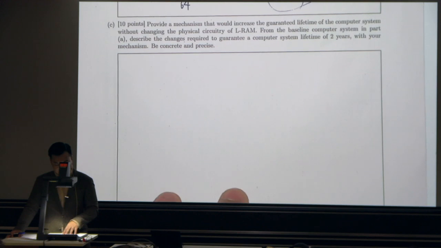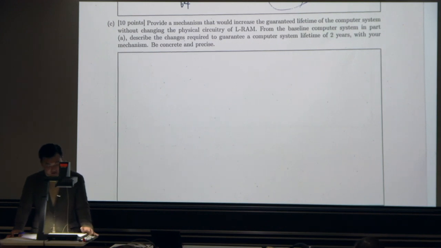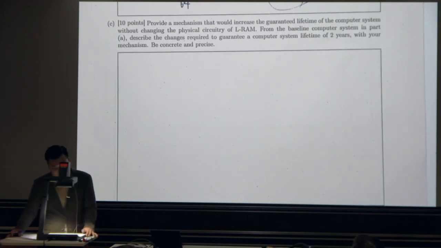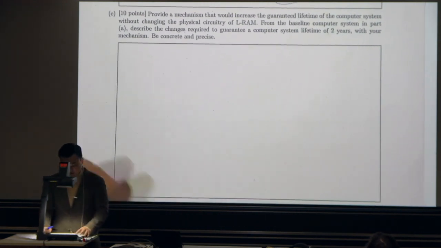Okay, the final question is, provide a mechanism that would increase the guaranteed lifetime of the computer system without changing the physical circuitry of LM. From the baseline computer system in Part A, describe the changes required to guarantee a computer system lifetime of 2 years with your mechanism.